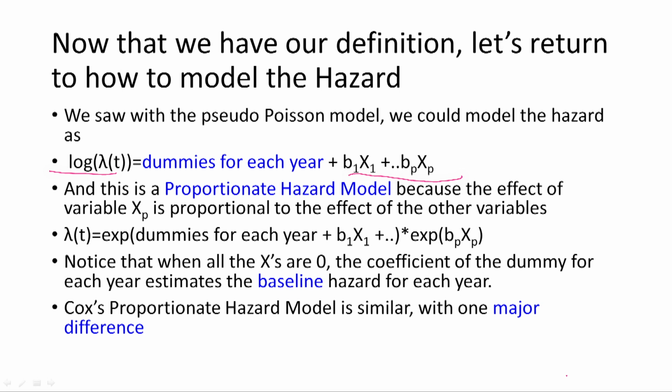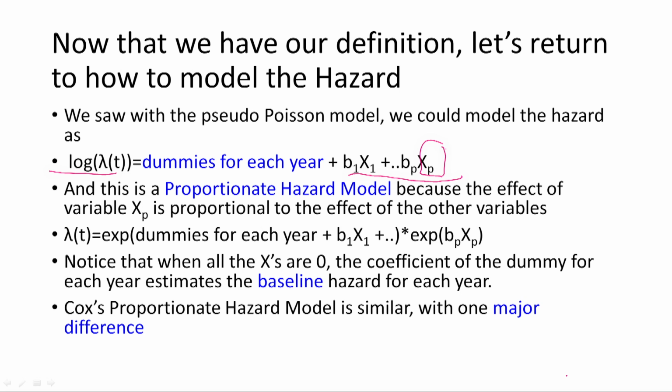And this is a proportionate hazard model, because the effect of every single variable, like this one, is proportional not merely to the baseline hazard in that year, but to the effect of all the other covariates.